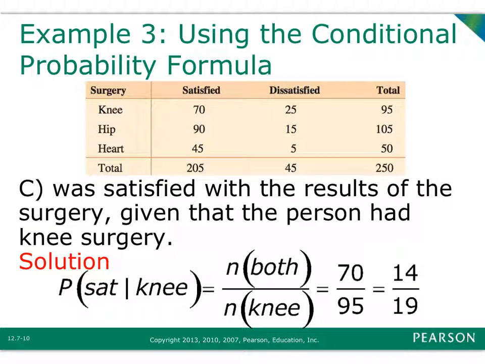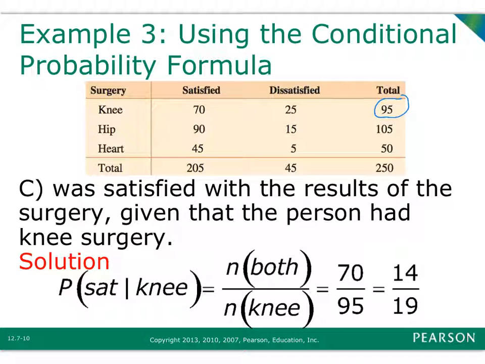The next question was, what's the probability that the randomly selected patient was satisfied with the results of the surgery given that the person had knee surgery? So given that folks had knee surgery, you can see that there are 95 patients there.